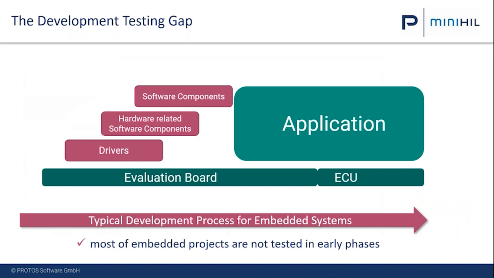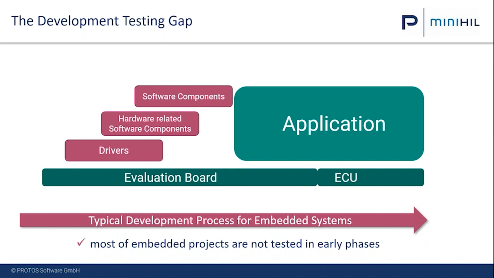So let's have a look at the normal development process of an embedded system. For example, you start on an evaluation board, you configure some drivers, you try them out and so on. Then you program hardware-related software components such as motor controllers, battery control, for example, also bus systems, protocols directly attached to a CAN protocol, and so on.